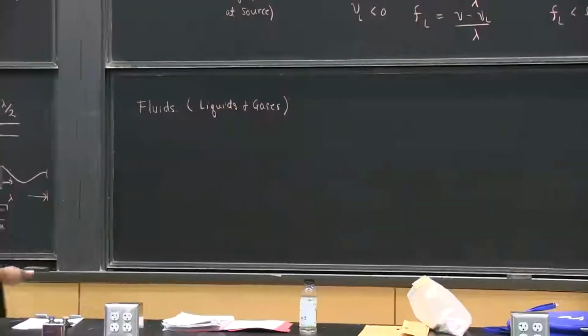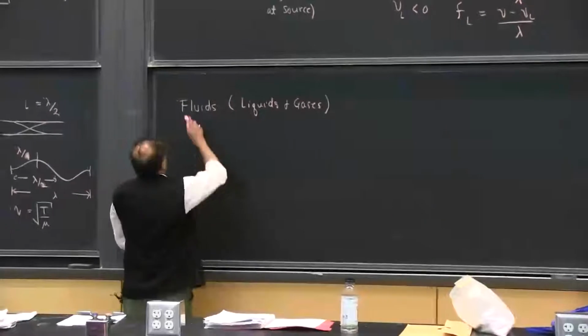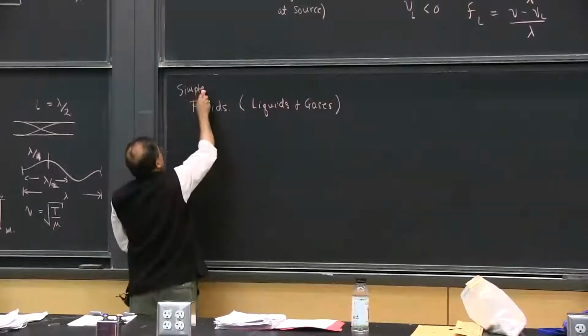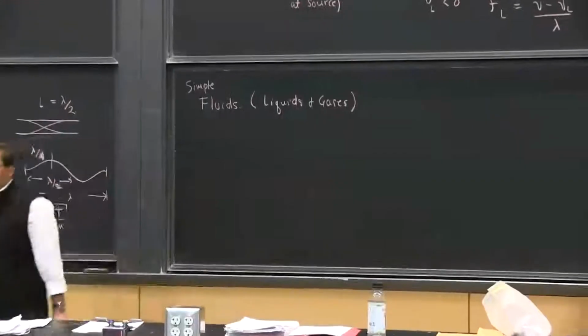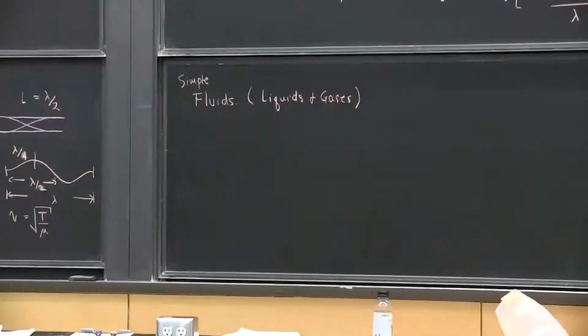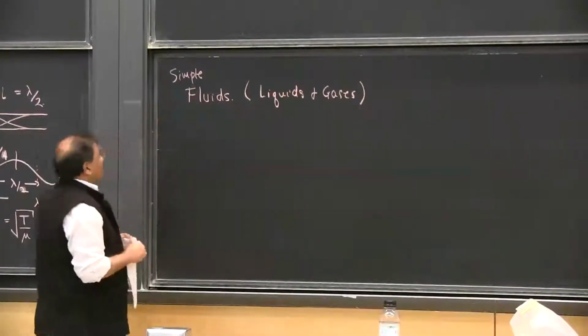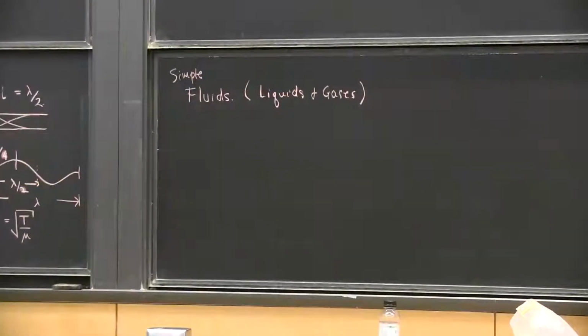So we should probably think of them as simple fluids. By the same token, mud is also a fluid, as is milk, and these are colloidal fluids which have particles that are suspended at least over a long period of time in the liquid.